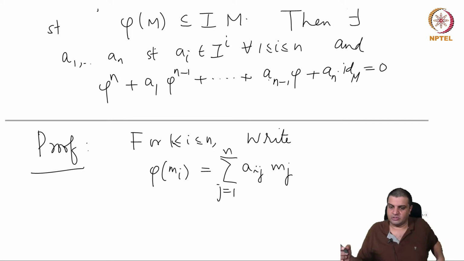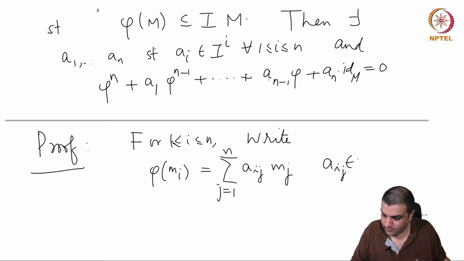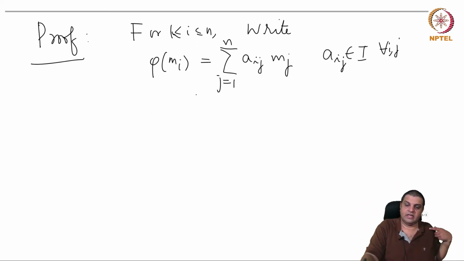Let me explain why this is possible. Phi of mi is an element inside IM, so we can take some element of the ideal times m1, plus something in I times m2, and so on, and when we combine it we will get an expression like this. So the aij will be inside I. This is the observation that such a thing can be written for each i.